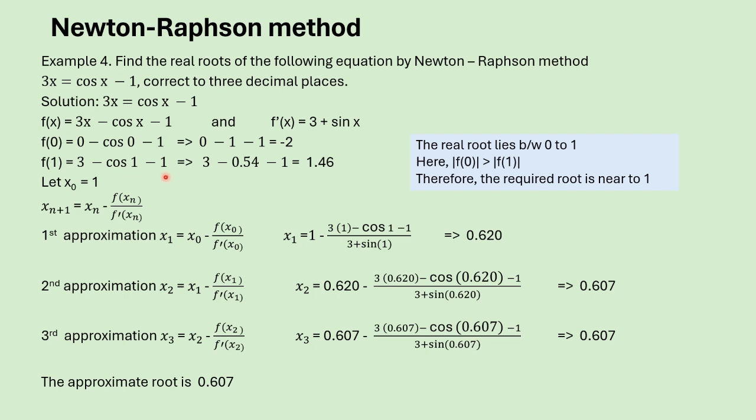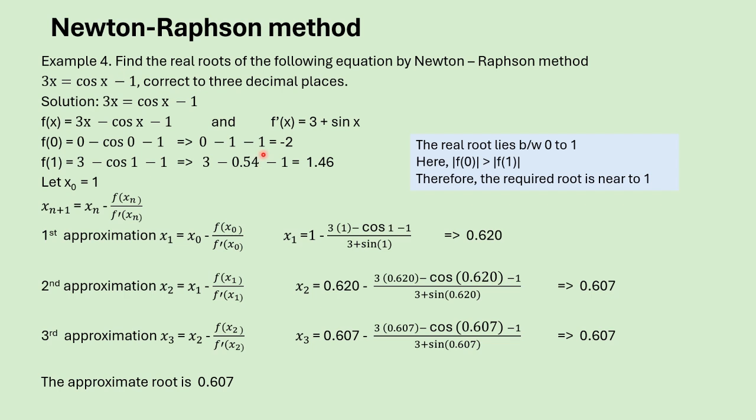So we get 3 minus 0.54 minus 1, which is equal to 1.46. Now here we see we got one minus value and one plus value, so the root lies between these two. So here we have to take the modulus of f of 0.